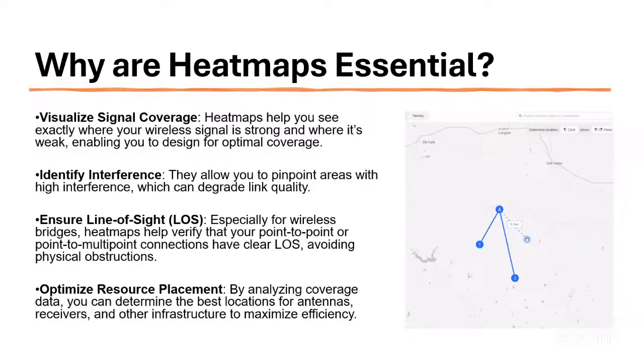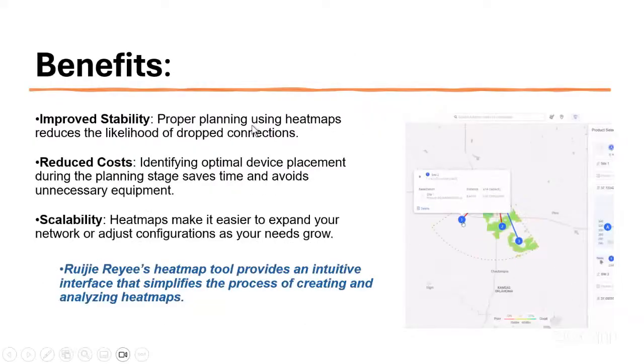For all of this, it is very important to do these heat maps before any physical installation of the wireless bridges or any other access point or Wi-Fi devices. So let's talk a little more about the benefits. The first is improving stability.